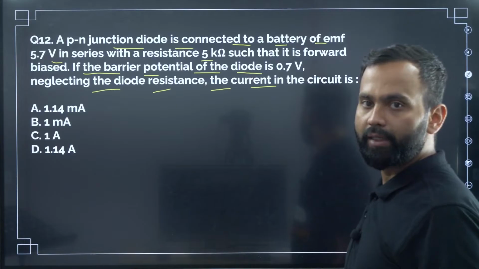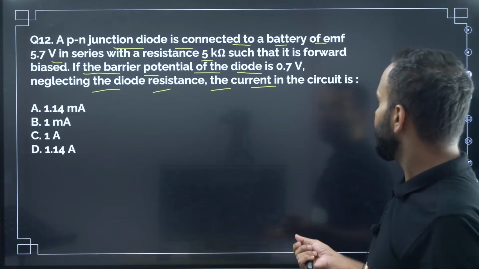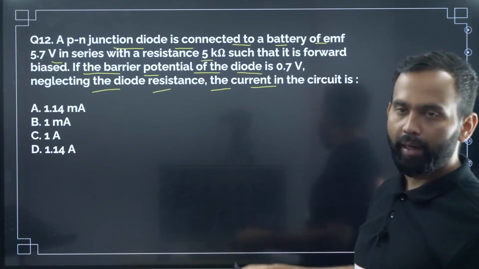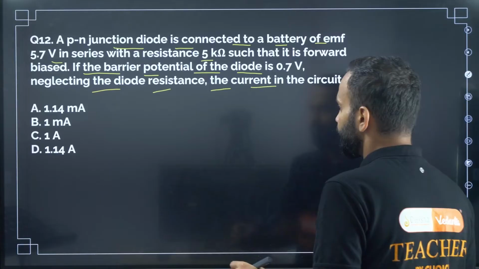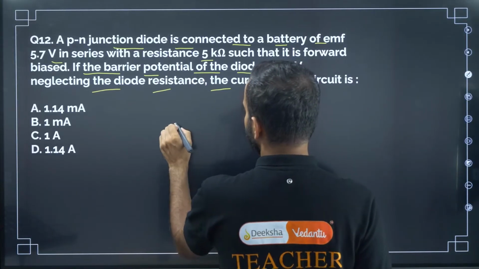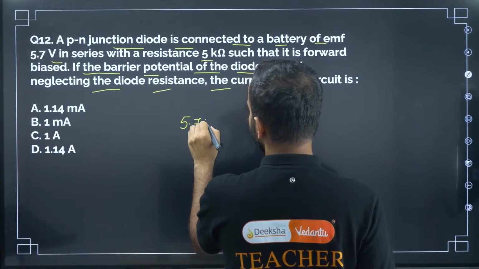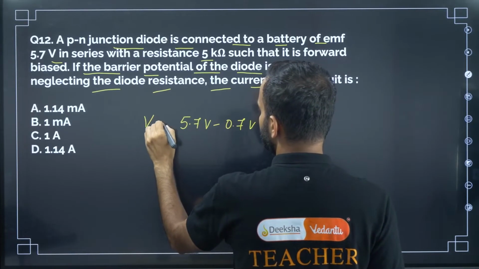Again, the simple one, right? First find the potential difference across the PN junction diode, then divide by the resistance connected in series. So what is the potential difference across the resistor? That will be 5.7 volt minus 0.7 volt.